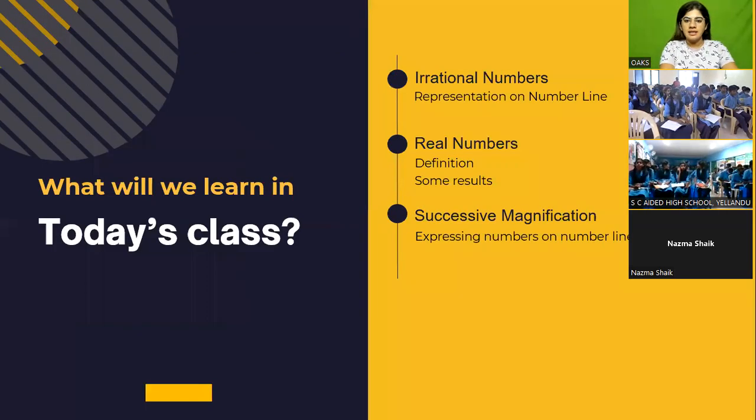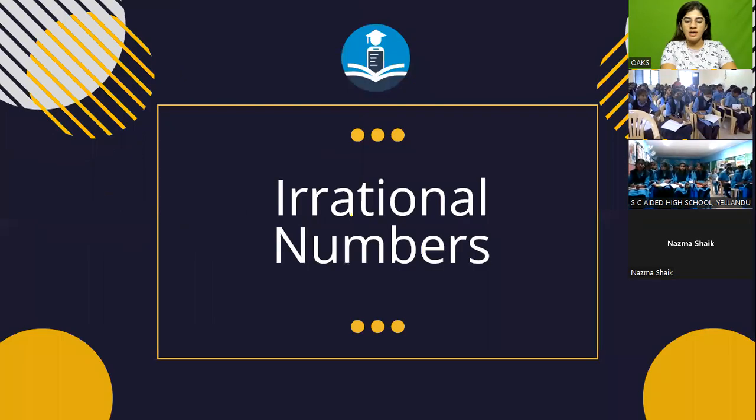Let's start now. What will we learn in today's class? The leftover topic from the last class, that is representation on the number line. We are doing irrational numbers, right? After that, we'll be jumping to real numbers, some definitions, some results, and after that, we'll be doing successive magnification. Okay, let's start now.